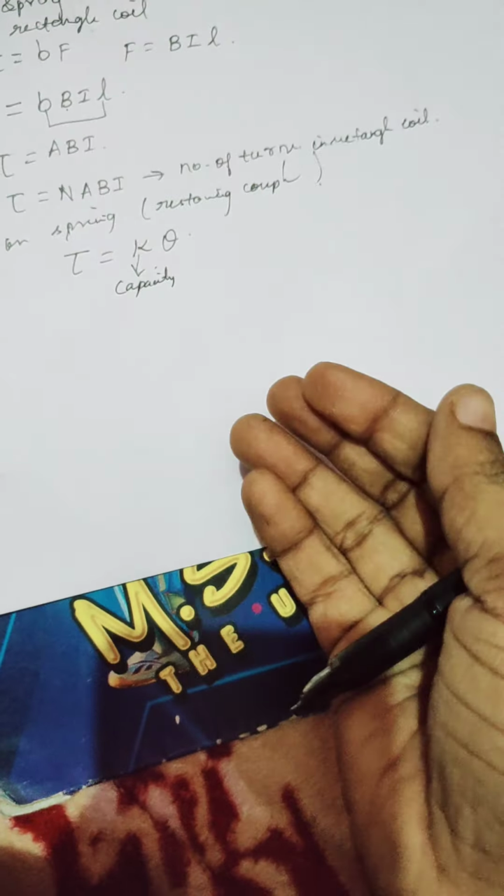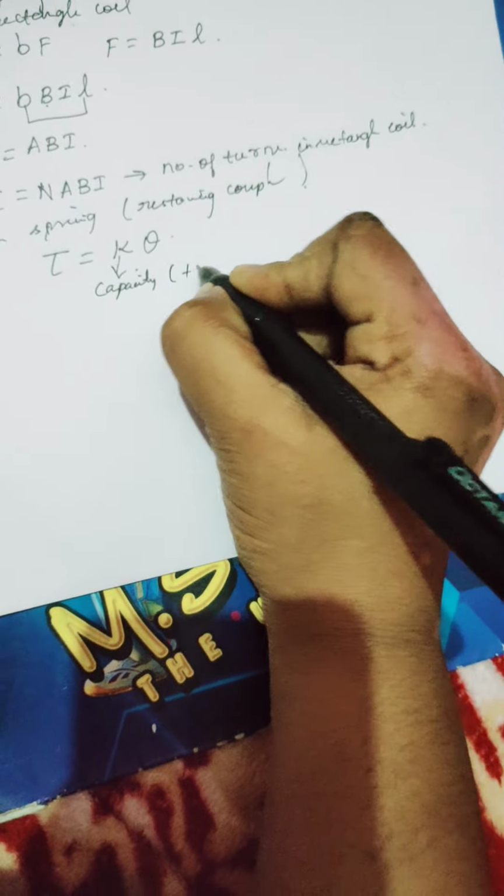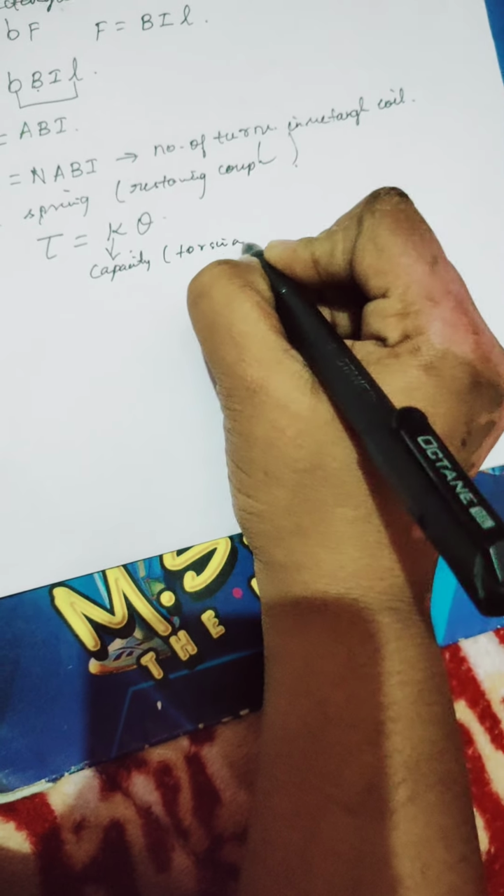For this I am taking the equation torque is equal to K theta. First, what is K? K is nothing but the capacity of the spring: how it compresses, how it retains its original shape, and how it provides the rotating effect to the rectangle coil. This is the capacity, or I can call it the torsional constant.